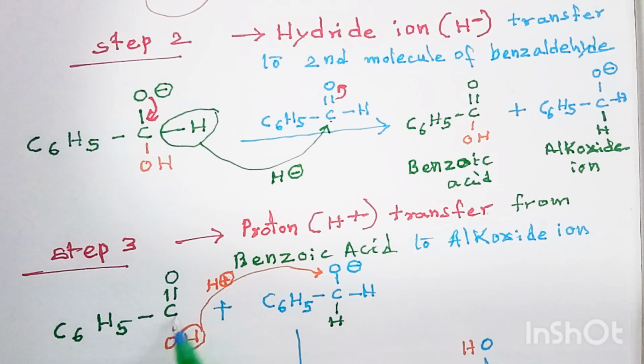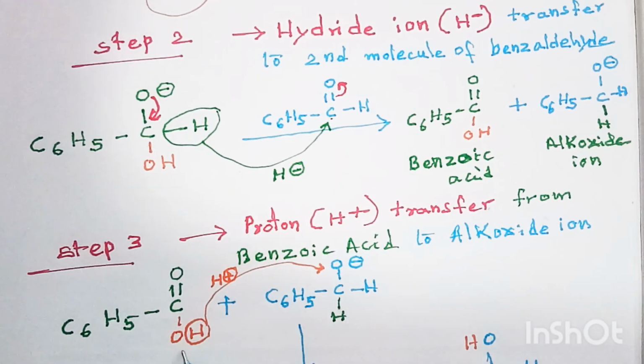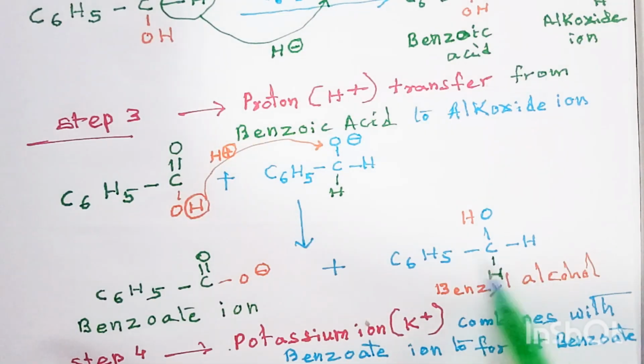This hydrogen atom of this OH group leaves behind both the electrons of the OH bond behind, and goes out as H plus ion, that is proton, and is abstracted by this O minus ion, as a result of which it becomes C6H5CH2OH, that is benzyl alcohol. This is the reductive product.